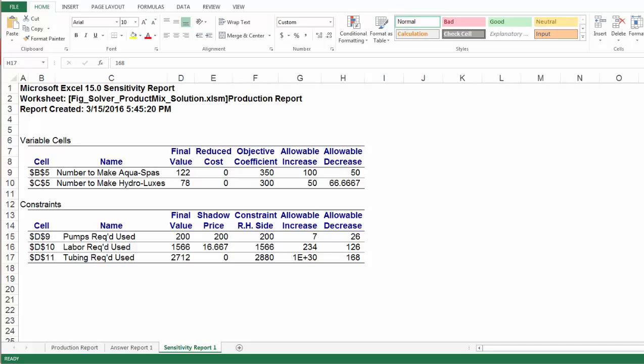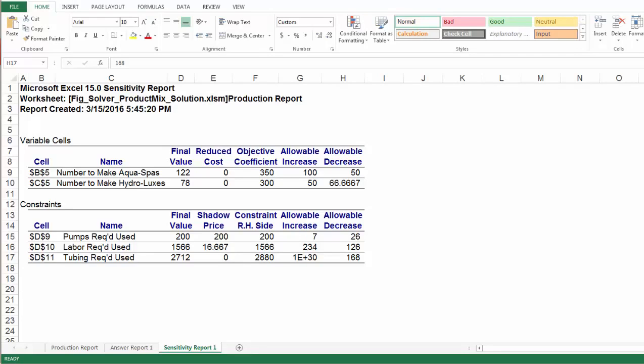Similarly, if there's one less pump, then the optimal profit will go down by $200. The allowable increase and decrease of pump constraint is 7 and 26 respectively. That is to say, if the total number of pumps is between 174 and 207, the shadow price of pump stays the same, $200.